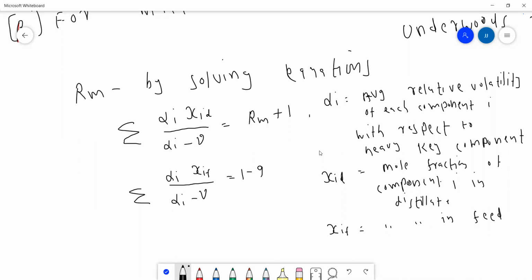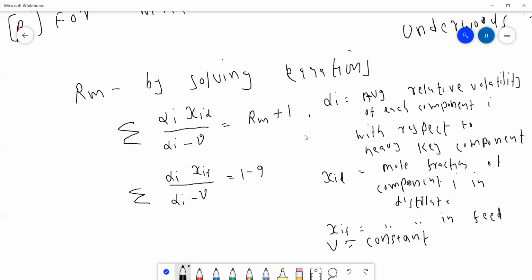And v is constant. And you know what about the Rm and q? q you know, the condition of feed.